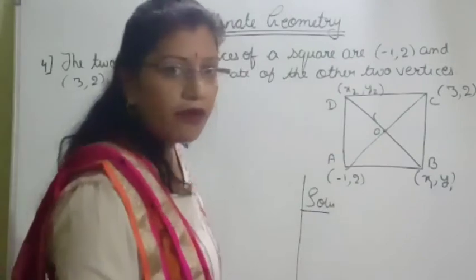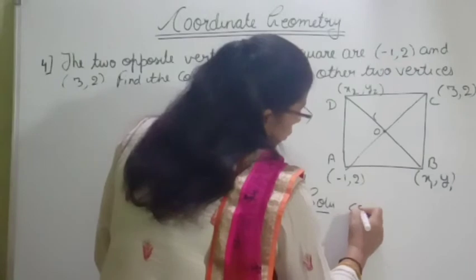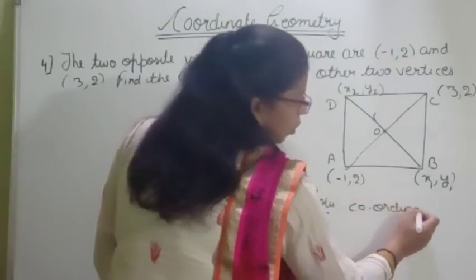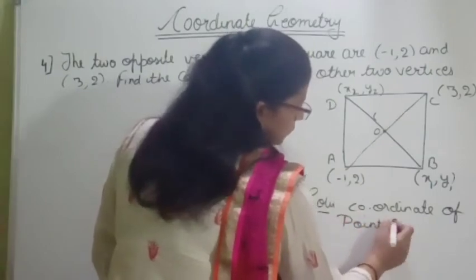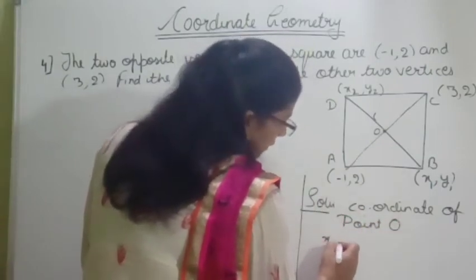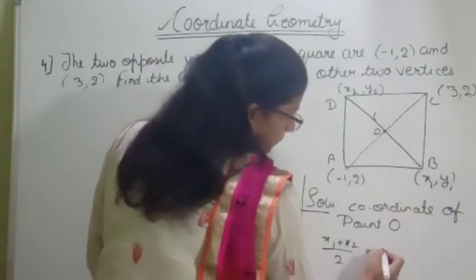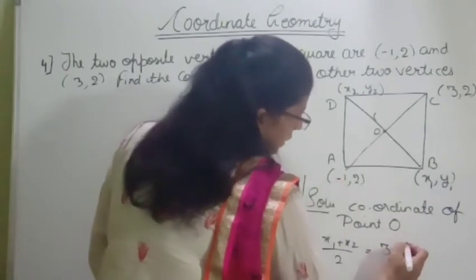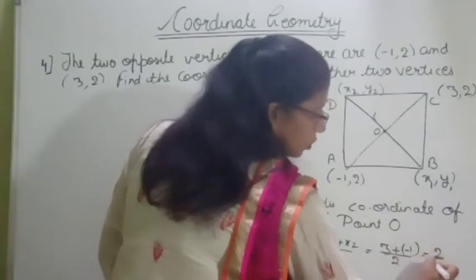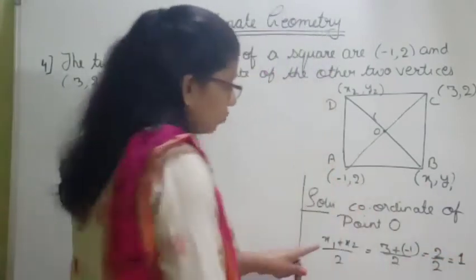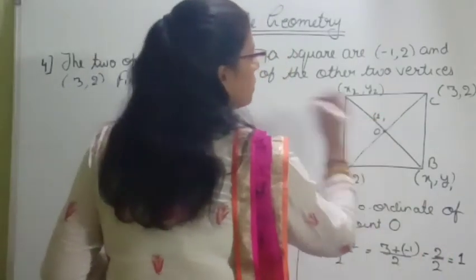From AC we find the coordinates of point O. So x1 plus x2 divided by 2: x1 here is 3, plus x2 here is -1, divided by 2. So 3 minus 1 is 2, upon 2, which is equal to 1. So the x coordinate is 1.